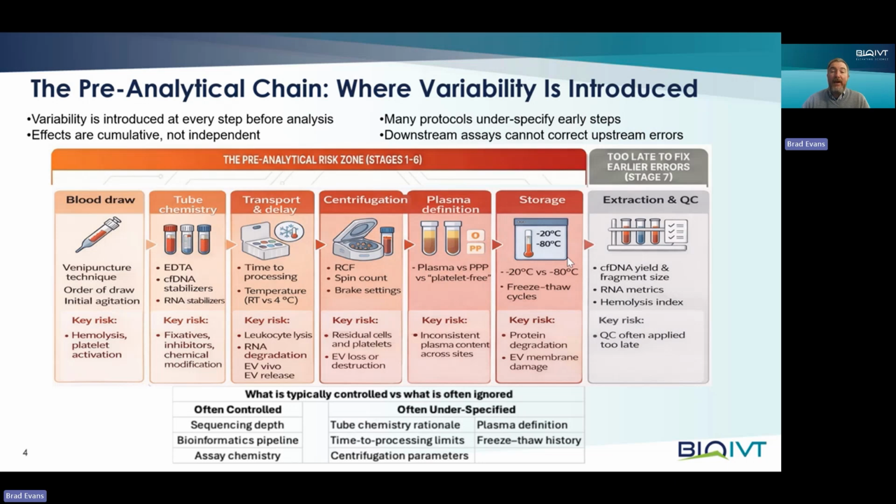So the message of this slide is simple. Pre-analytical variables are not background noise. They are design variables. If they are not defined and harmonized, variability is built into the data before analysis even begins. To show that this is not just conceptual, the next slide walks through real data examples of variability introduced at each of these stages.